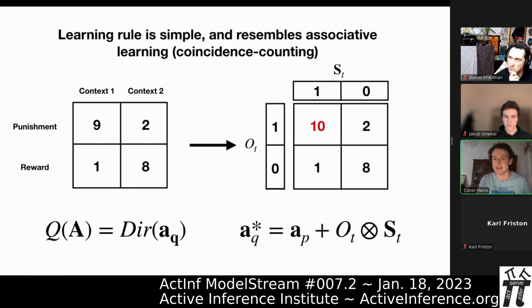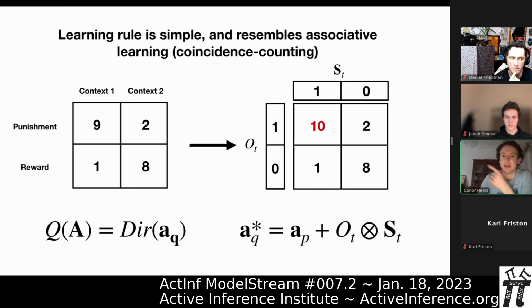So in this case, if I really believe the context was 1 and I saw a punishment, then my belief about that particular contingency, seeing punishment under context 1, would just be incremented by +1. And that's what this outer product at the lower right calculates. It computes a matrix that is the increment to your beliefs about the A matrix. So in this case, the matrix would have 1 in the upper left and zeros in the other 3 entries. And you use that to increment your A matrix.